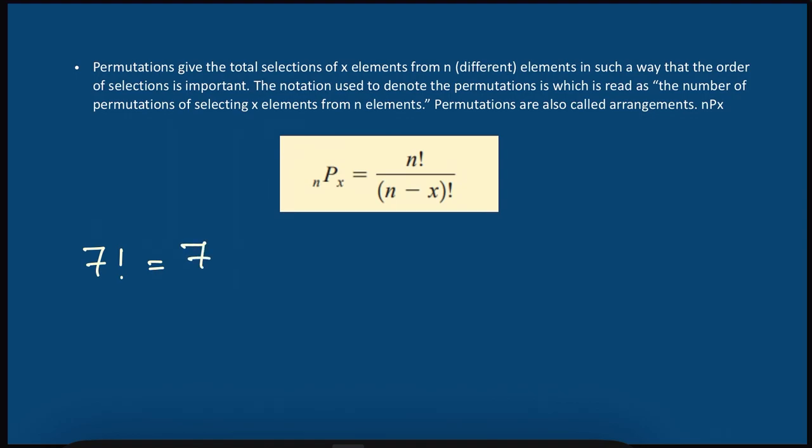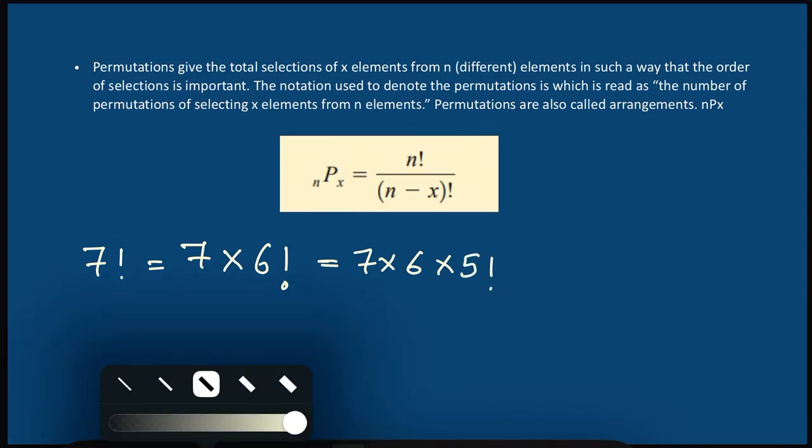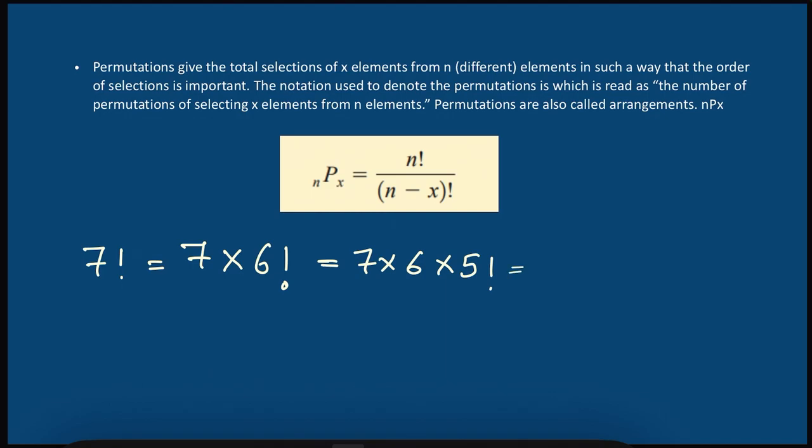The simplest way is to extend the number till we reach 1. 7 factorial is 7 into 6 factorial, then 6 factorial can be extended into 7 into 6 into 5 factorial, then 7 into 6 into 5 into 4, till we reach 1. We multiply all these numbers to get the result.